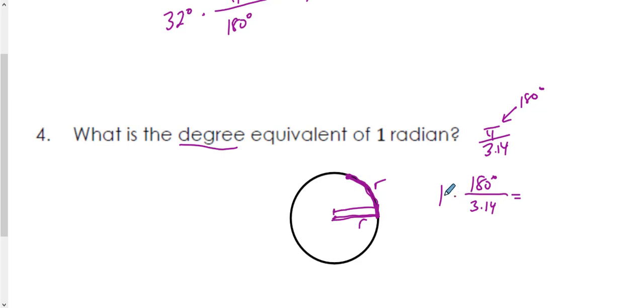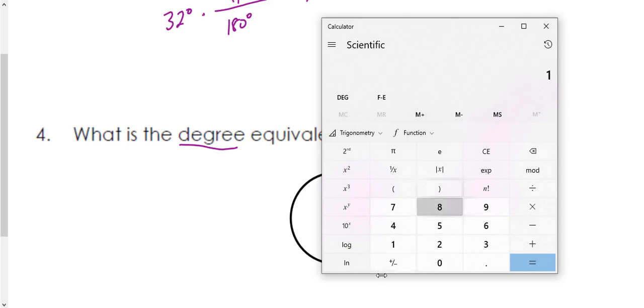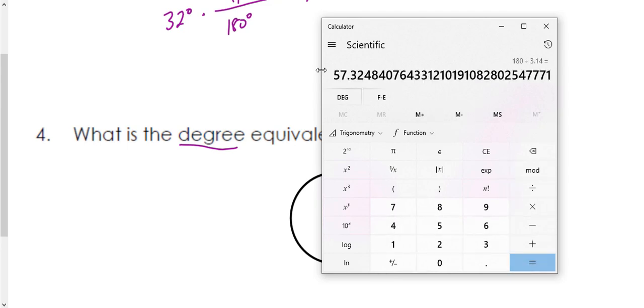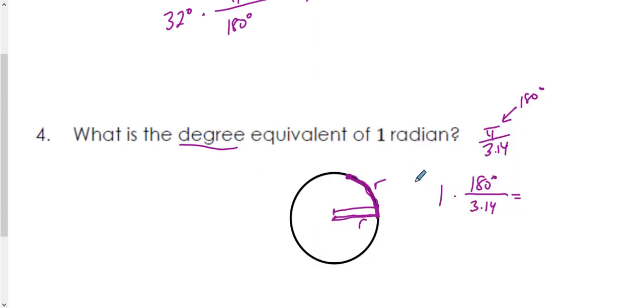So 1 times 180 is 180 degrees, divided by 3.14. Let's see, 180 divided by 3.14. And so you can see that each radian is around 57.3 degrees.